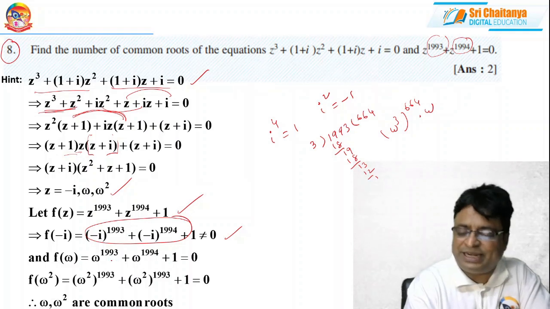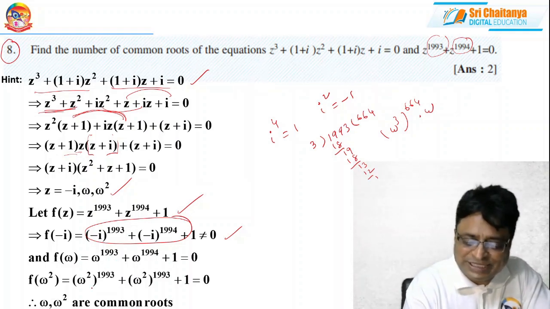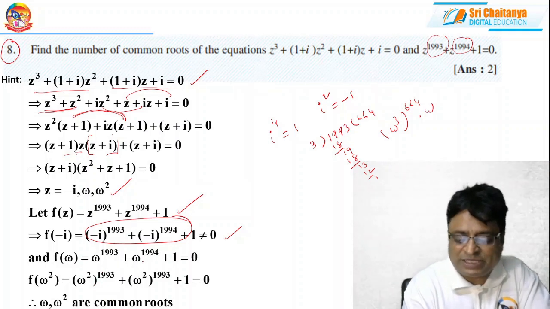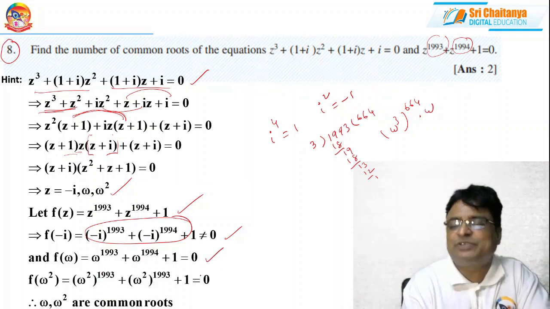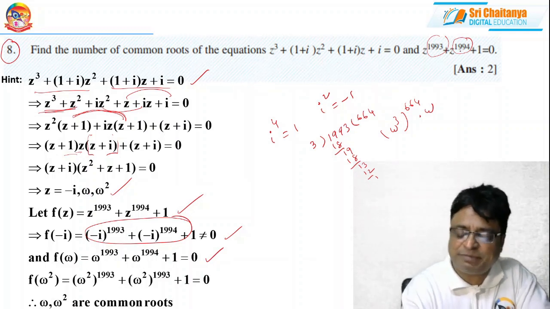Omega cube is 1. So this becomes omega. So this is omega plus omega square plus 1. 1 plus omega plus omega square is 0. That means omega satisfies equation number 1 as well as equation number 2.